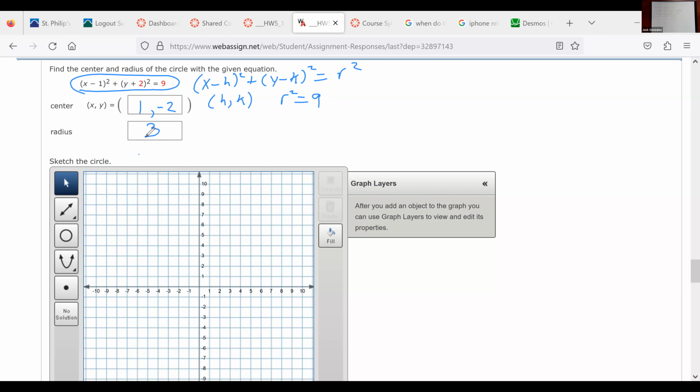Are there any questions on this problem? Radius is right there. Radius would mean go out 3 in every direction, so 1, 2, 3, in each direction. So my circle is going around here, something like that.